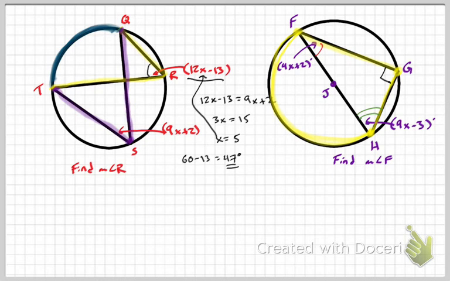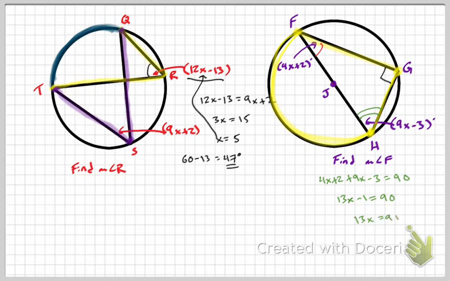So I can do 4x plus 2 plus 9x minus 3 equals 90. Again, because we already had that 90 degrees right there, the other two red and green angles have to add to 90 degrees because all three add to 180. Combine like terms, so I get 13x minus 1 equals 90. Add the 1 to both sides, 13x equals 91.